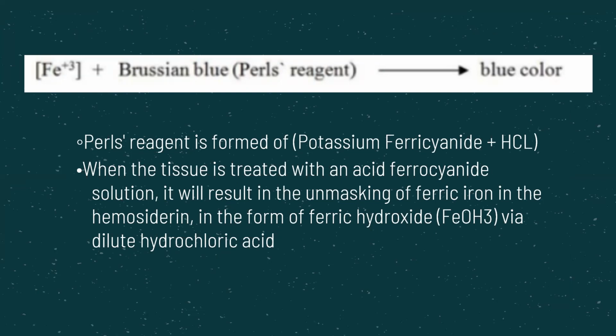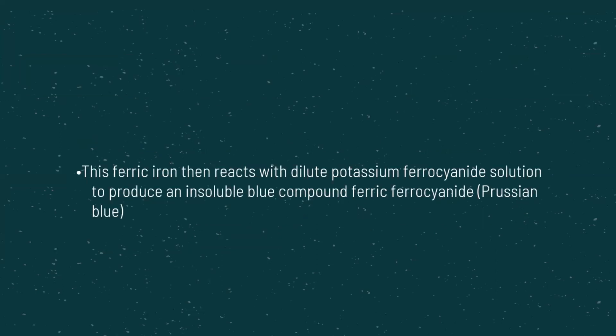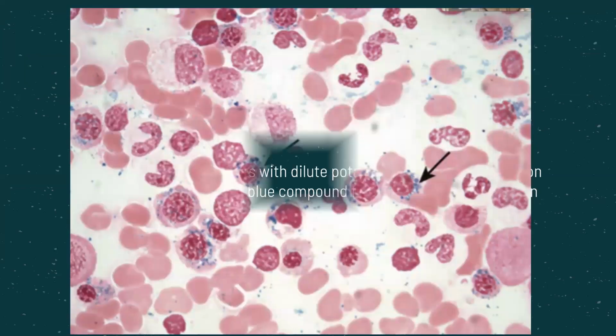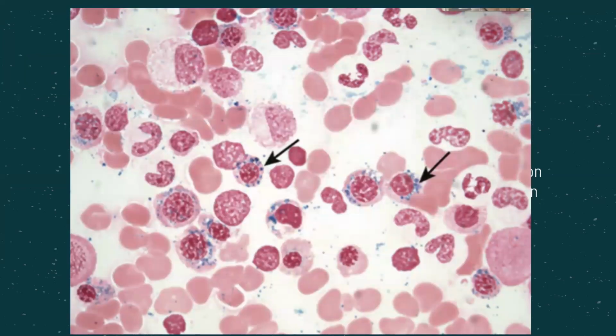So when the tissue is treated with an acid ferrocyanide solution, it will result in the unmasking of the ferric ion in the hemosiderin. Okay? So it will produce a blue color. Okay? So this ferric ion then reacts with dilute potassium ferrocyanide solution to produce an insoluble blue compound. Okay? So that is the example. Okay? So blue, parang blue granules din siya. Okay?